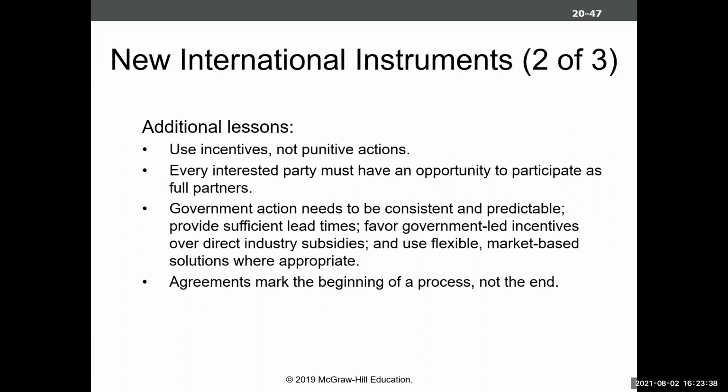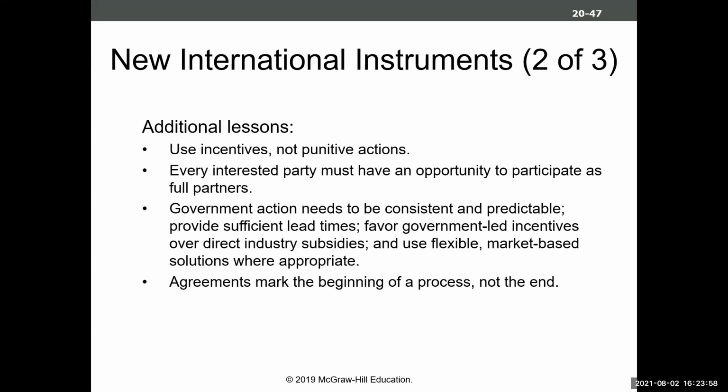Some other ways we can try to get at these environmental ideas and bring them to light is to use incentives, not, I won't say direct actions, but not punitive actions.